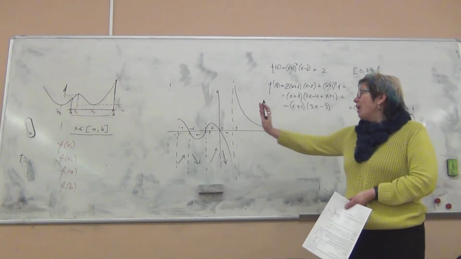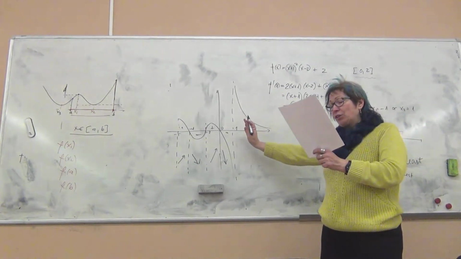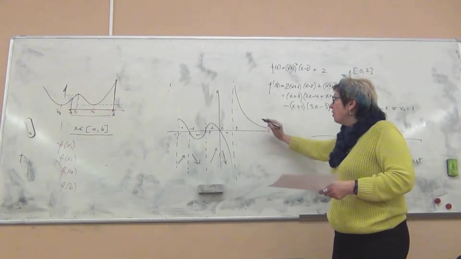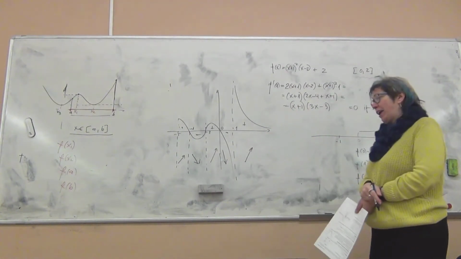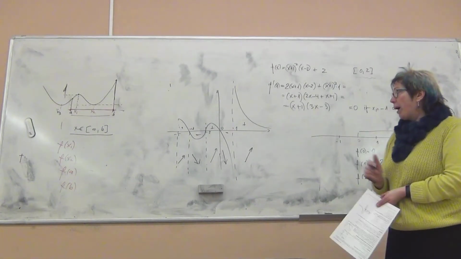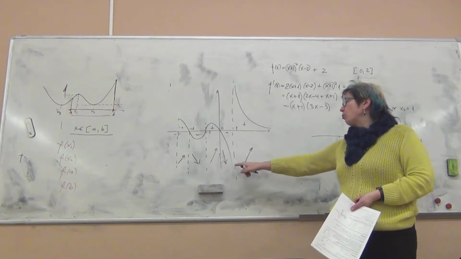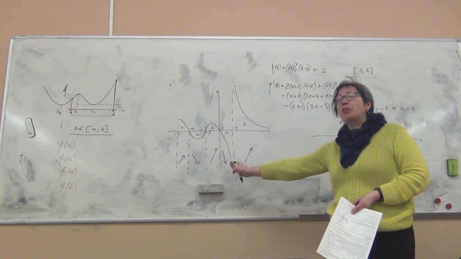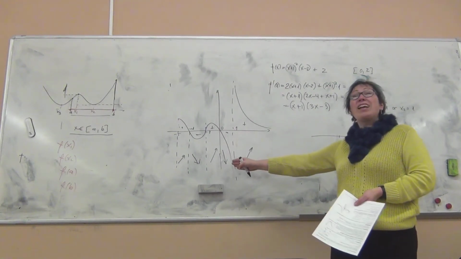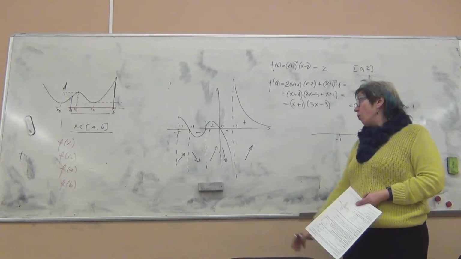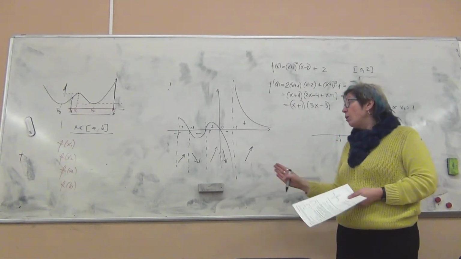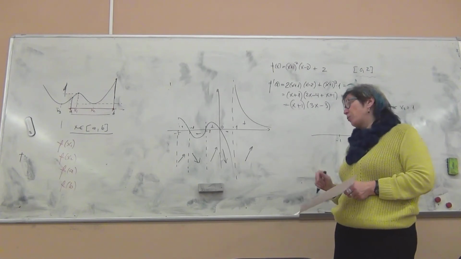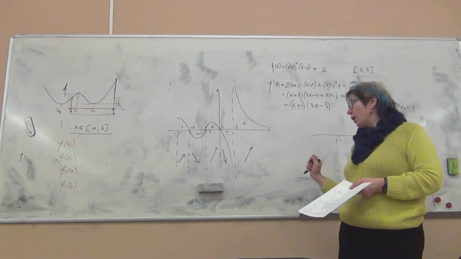And if x is greater than 1, then the derivative is positive, which means the function is increasing again. By the way, from this, we can't really tell whether this will be a vertical asymptote for the function as well, or it might be the spiky type of minimum. We have no way of knowing.